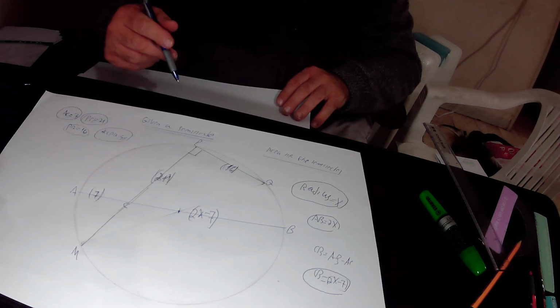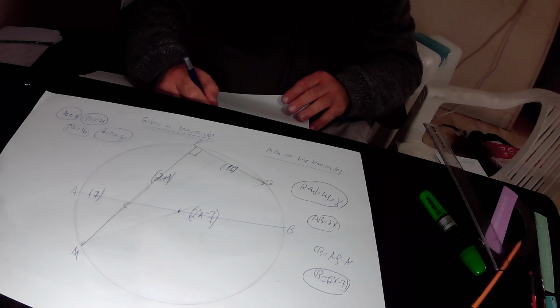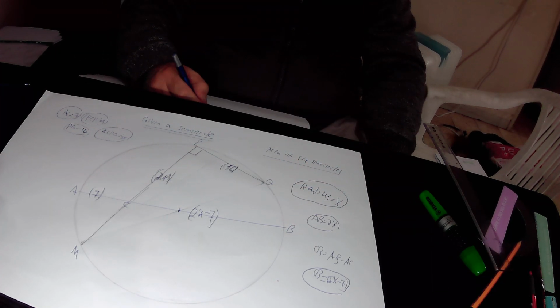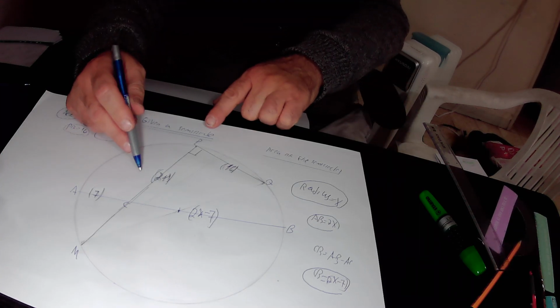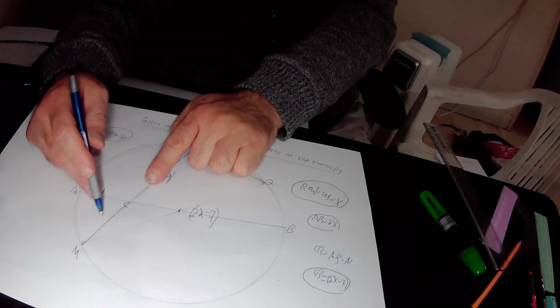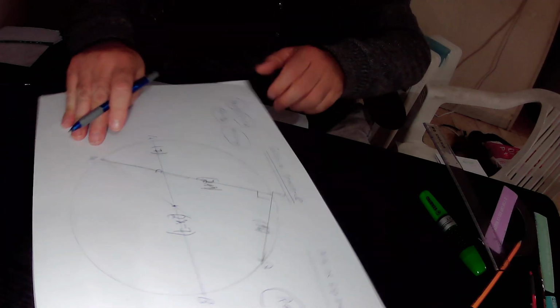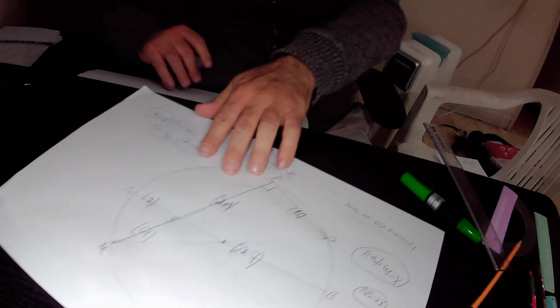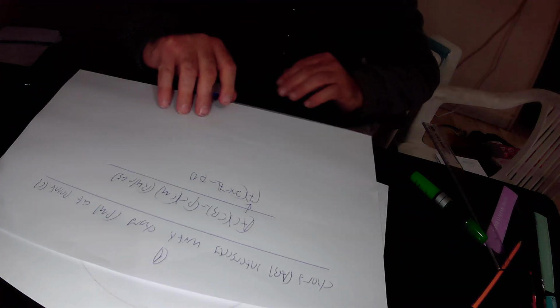AC is 7, times CB, and CB is 2x minus 7, equals PC, and PC is 21, times CM. We define CM as a. So CM is a according to our definition.